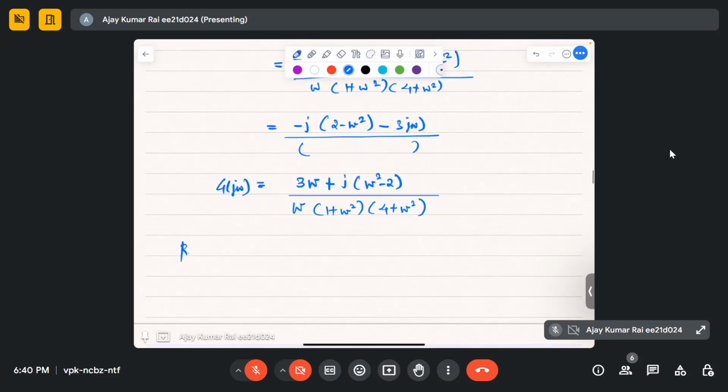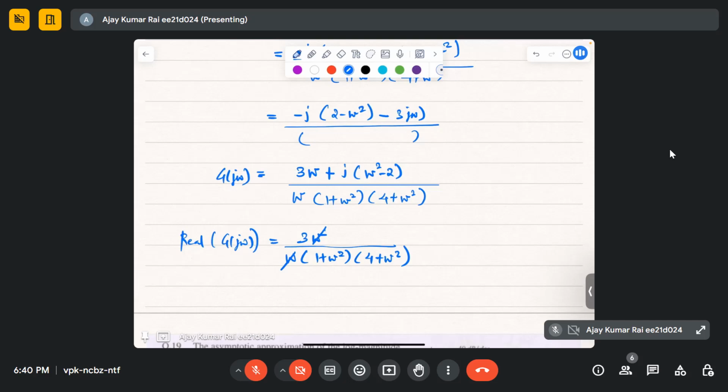Okay, let me write this as real part of G(j omega) is equal to 3 omega by omega (1 plus omega square)(4 plus omega square). Okay, so it is 3 by (1 plus omega square) into (4 plus omega square).